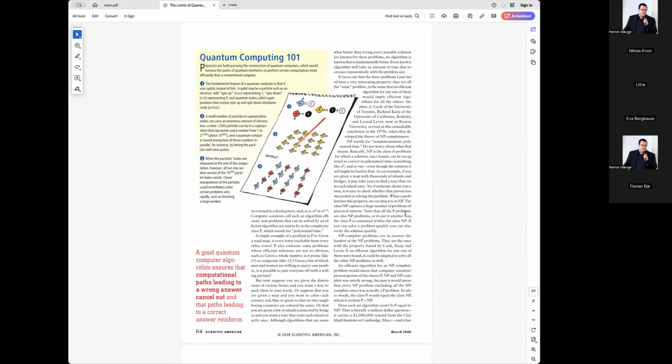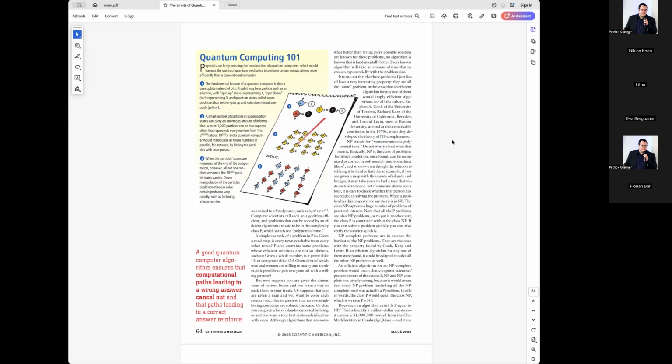Then you have a class of problems that is called NP. And NP does not mean not polynomial, as some people sometimes think. In fact, it means non-deterministic polynomial time.